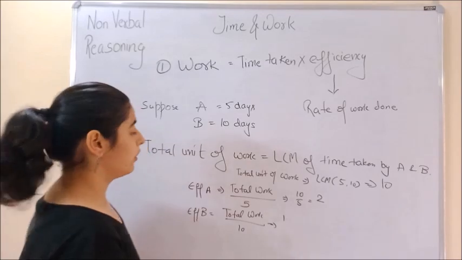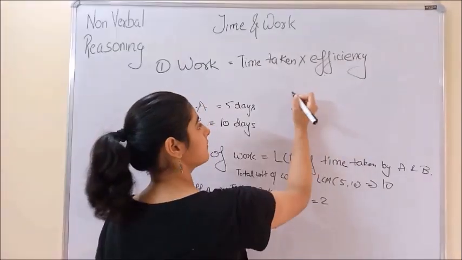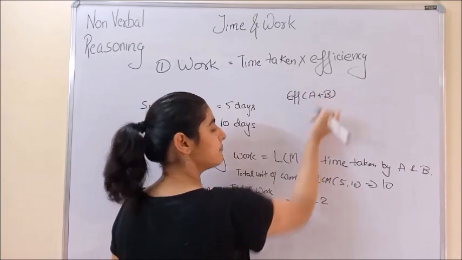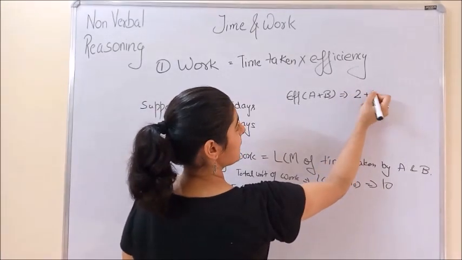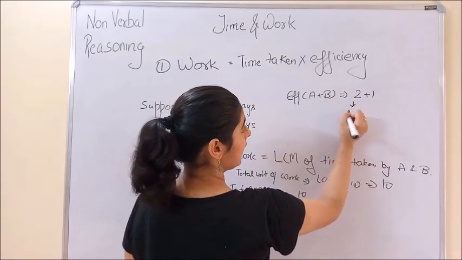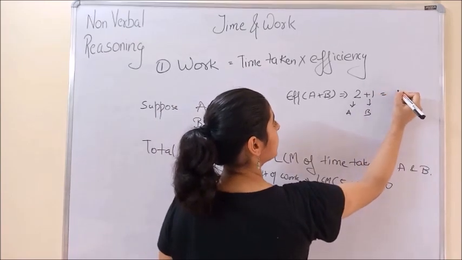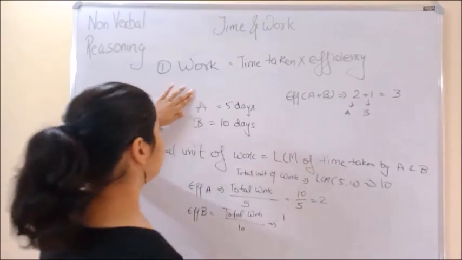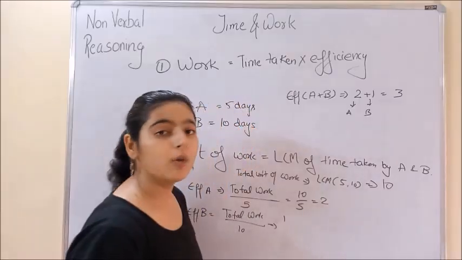Now efficiency of A and B together will be EFF A plus B, 2 plus 1. Efficiency of A and efficiency of B together 3. Now together A and B will complete their work in how many days?